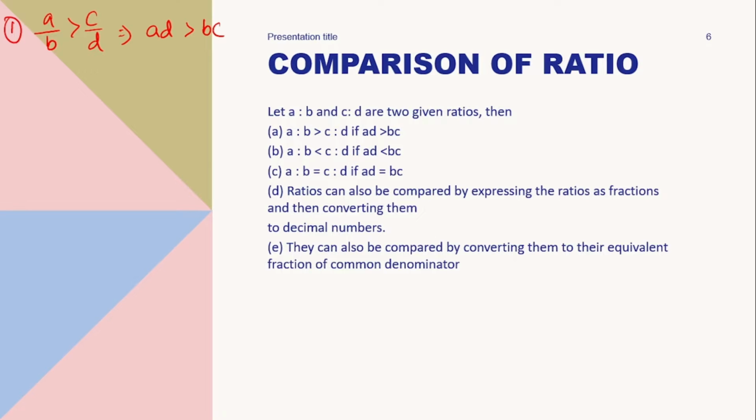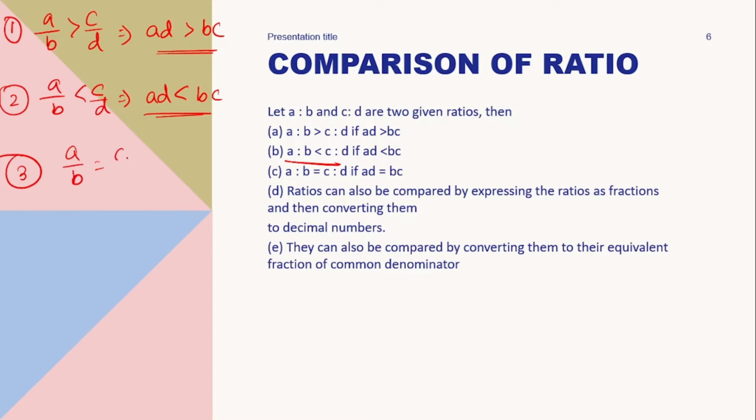For the second point, a is to b is less than c is to d, so a by b is less than c by d, which can also be written as ad less than bc. Simple cross multiplication. And point 3 says that a by b equals c by d, so it can also be written as ad equals bc. Okay, so a, b, c points covered.